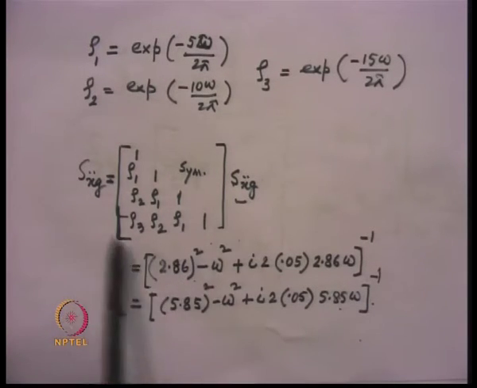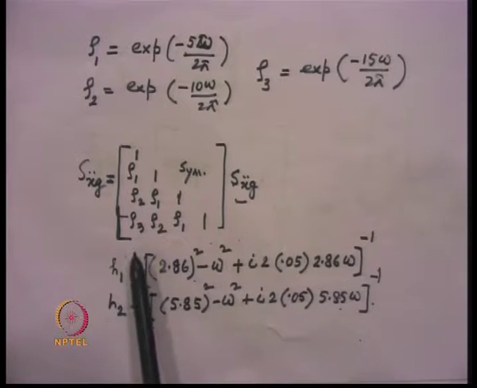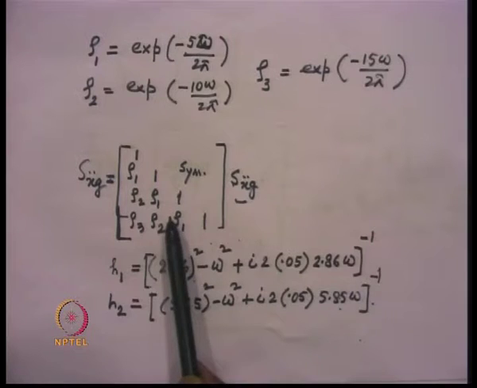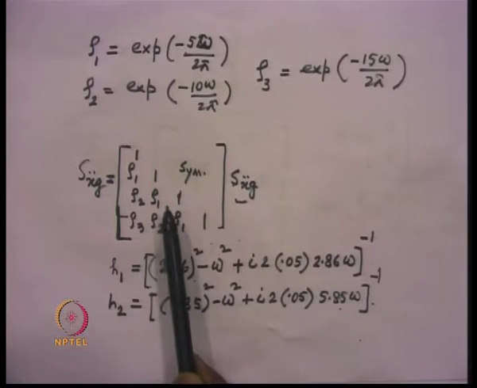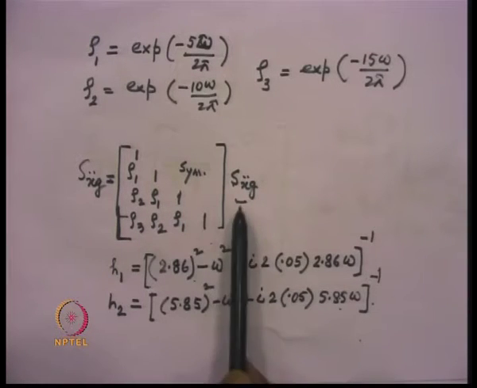So, once we have written down this power spectral density function, we can use it for finding out the power spectral density function of the load vector, which we will see a little later.